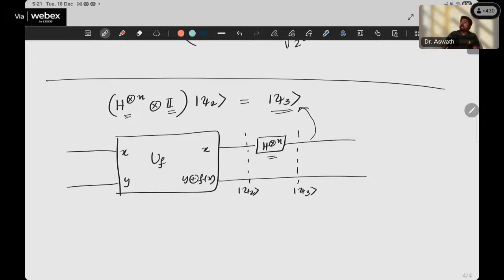So to go there, before going to psi 3, I will just introduce some shorthand notations.